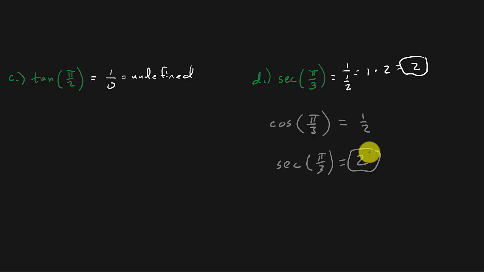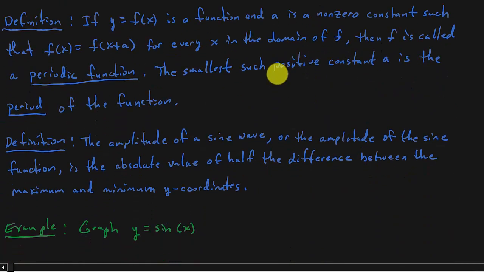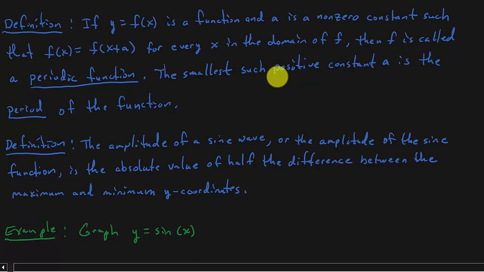All right, so now let's take a look at graphing. So we've got a definition. If y equals f of x is a function and a is a non-zero constant such that f of x equals f of x plus a for every x in the domain of f, then f is called a periodic function.